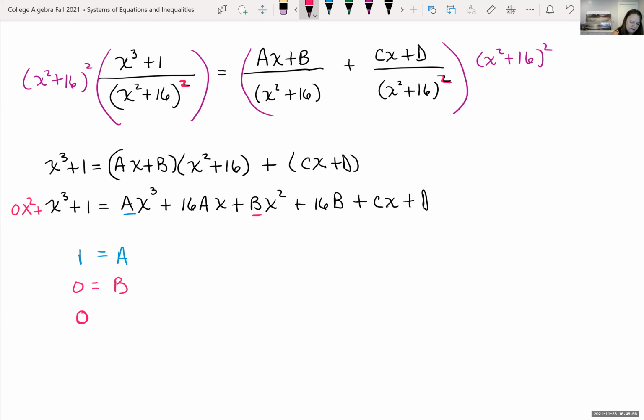And terms in front of just x are 16a plus c. And then our constant is 1, is equal to, so ones with just the constant. So that's 16b plus d.